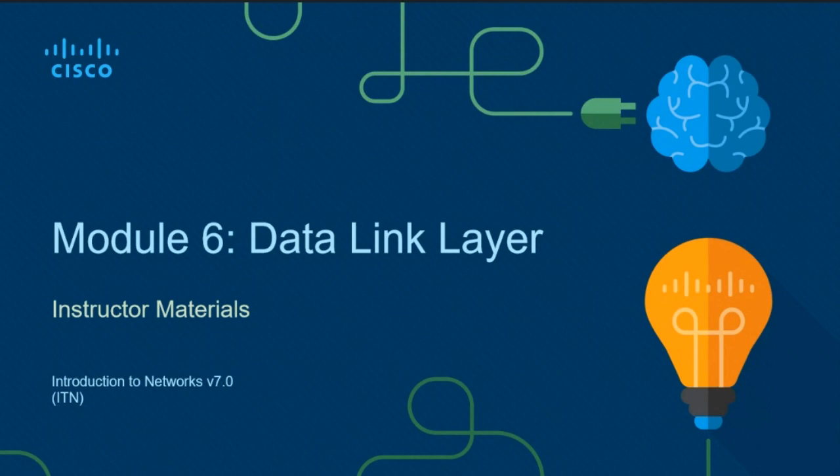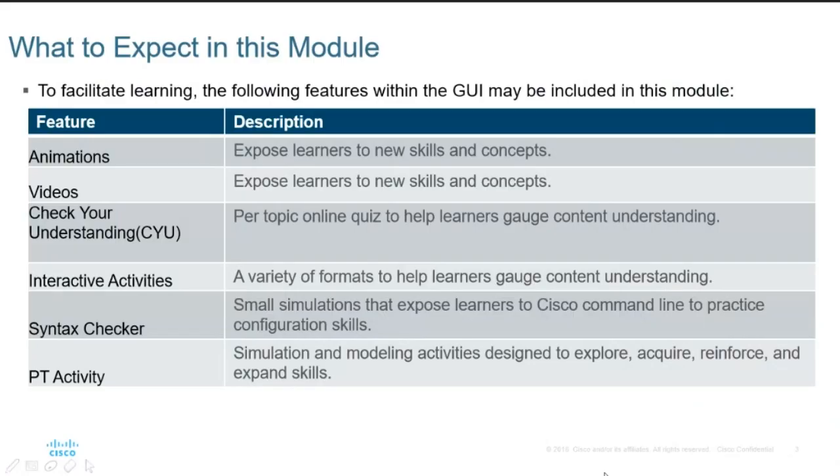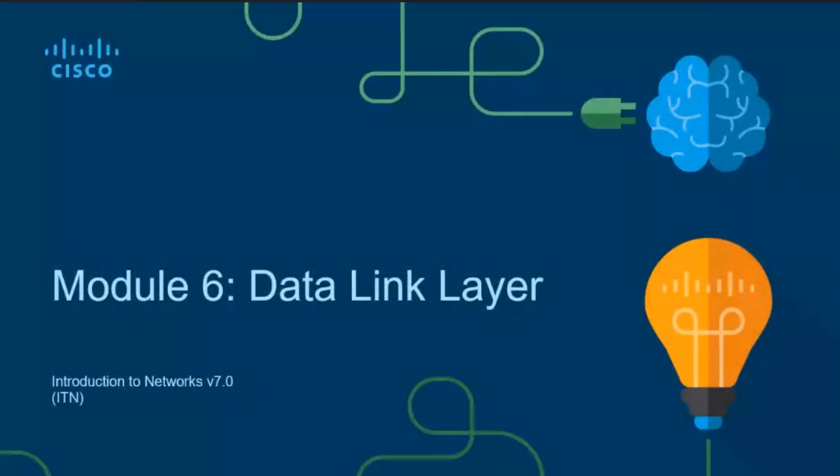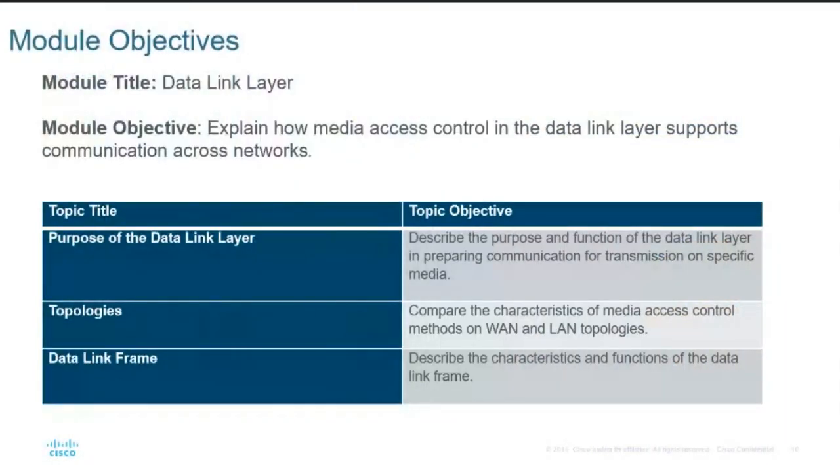Discuss ko sa inyo yung physical layer. Yung sunod, the data link layer. So, ito yung layer 2. Okay, so the objectives: explain how media access control in the data link layer supports communication across networks.